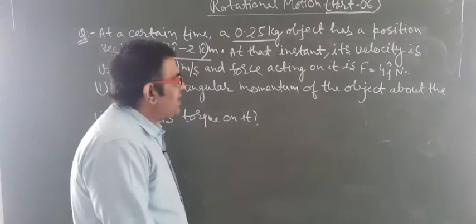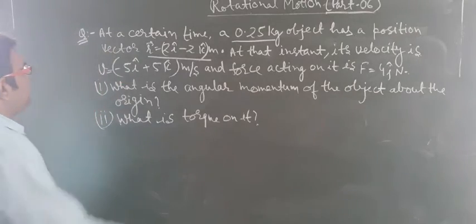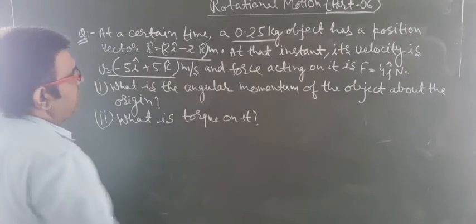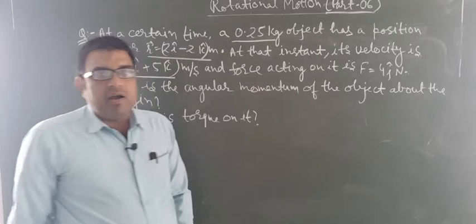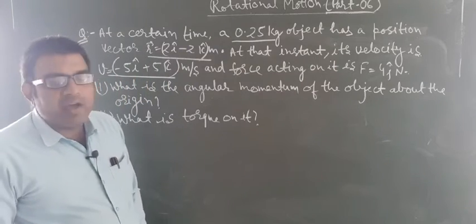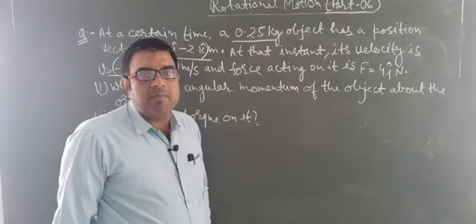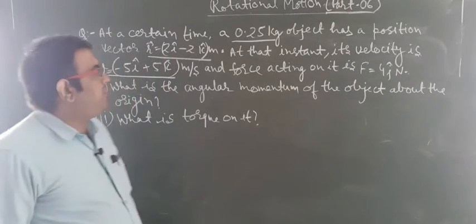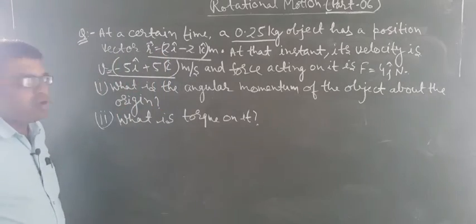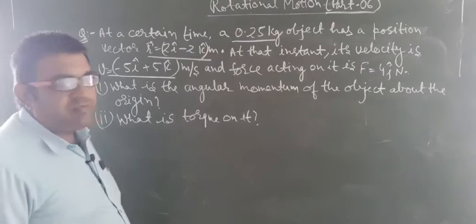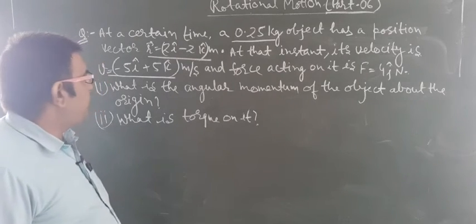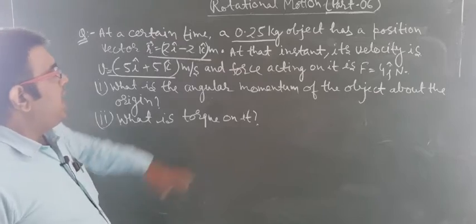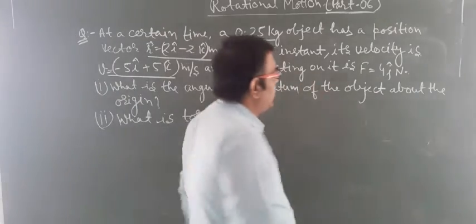At that instant of time, when we are going to calculate the angular momentum of the particle of mass 0.25 kg, the velocity of the particle is minus 5 i cap plus 5 k cap meter per second, and the force acting on it is 4j Newton.